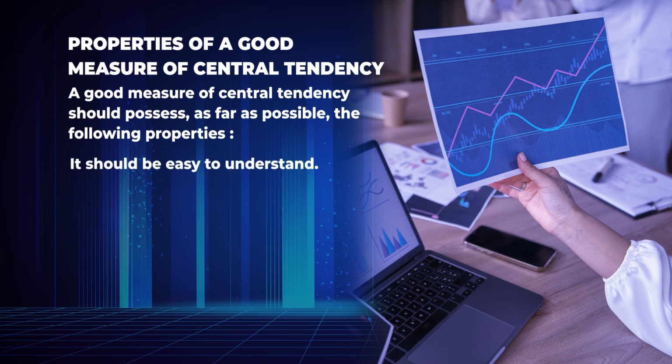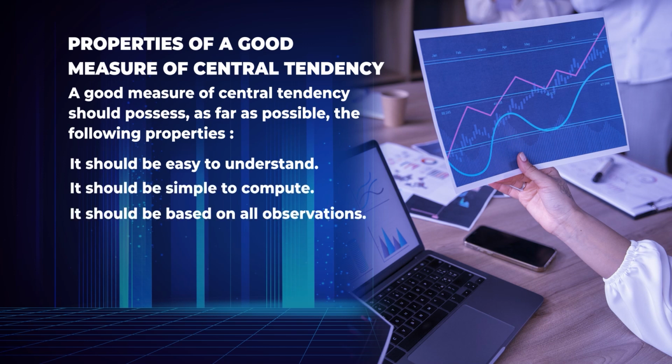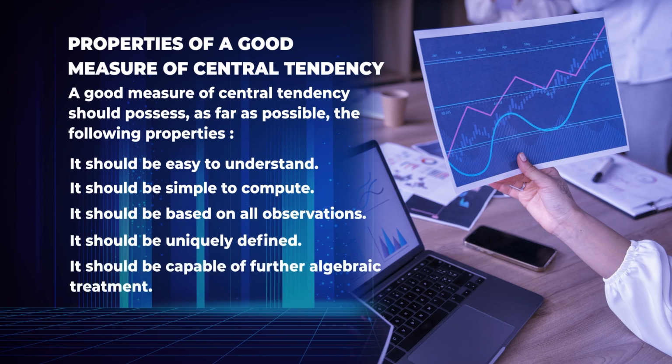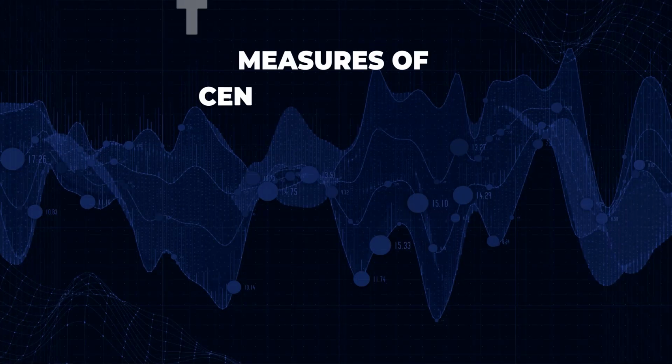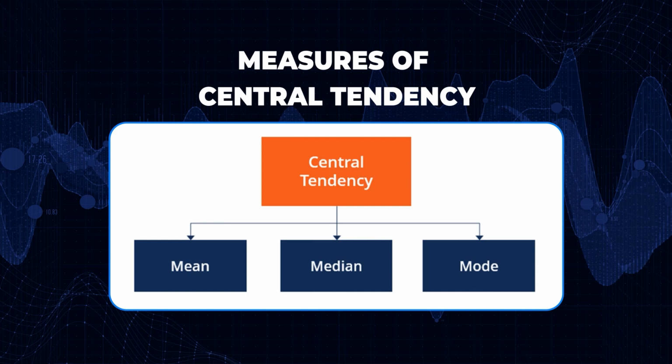First, it should be easy to understand, simple to compute. Based on all observations, it should be uniquely defined, should be capable of further algebraic treatment, then it should not be unduly affected by extreme values. Now, we will discuss three measures of central tendency: mean, median, and mode, one by one.